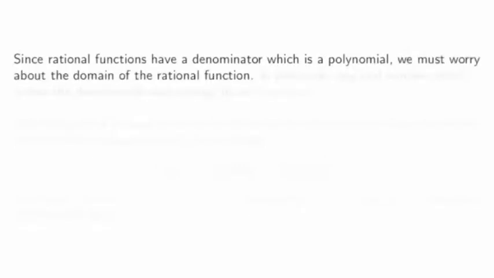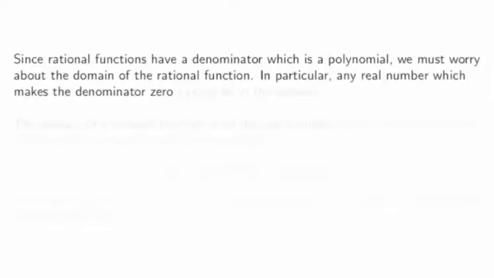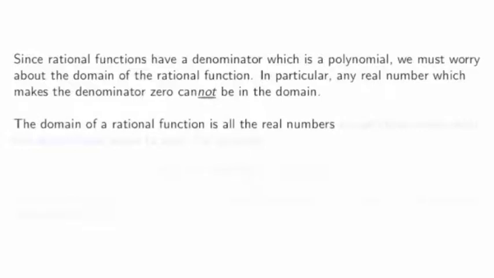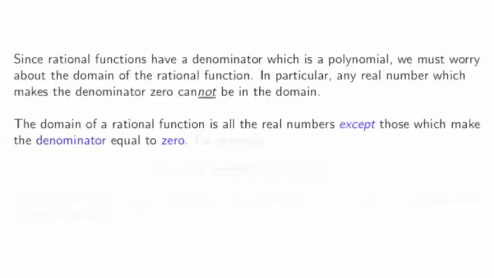Since rational functions have a denominator which is a polynomial, we must worry about the domain of the rational function. In particular, any real number which makes the denominator 0 cannot be in the domain. And that's all we have to think about when we ask about the domain of a rational function. The domain of a rational function is all the real numbers except those which make the denominator equal to 0.